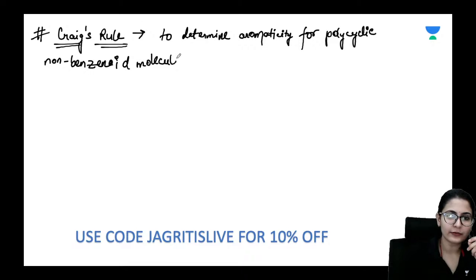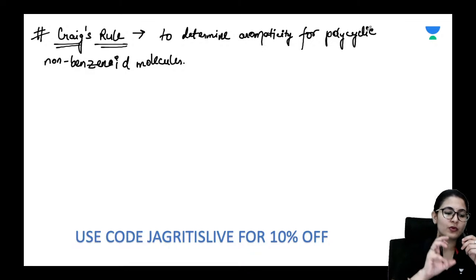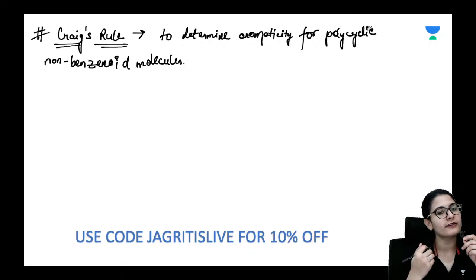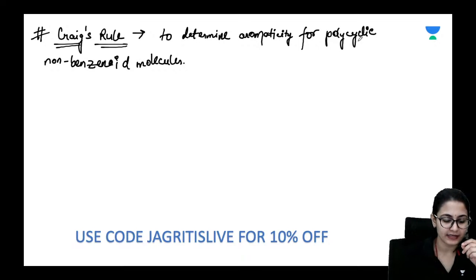Non-benzenoid means, and what is polycyclic? Polycyclic is more than one fused cyclic system, and non-benzenoid means it could be 5 membered or 7 membered or 8 membered, but it is not 6 membered like benzene. Okay, so I am talking about, let's say, this structure.